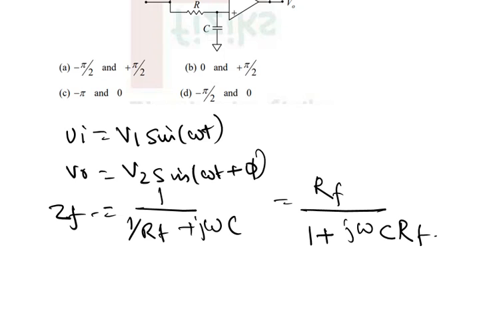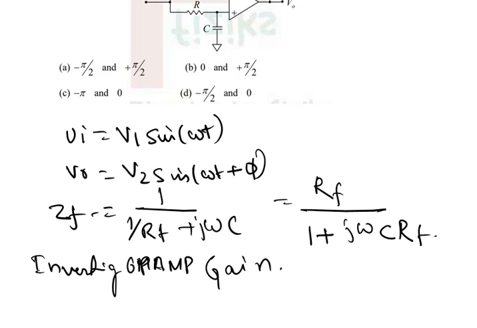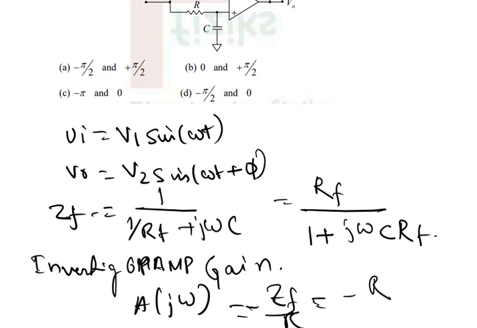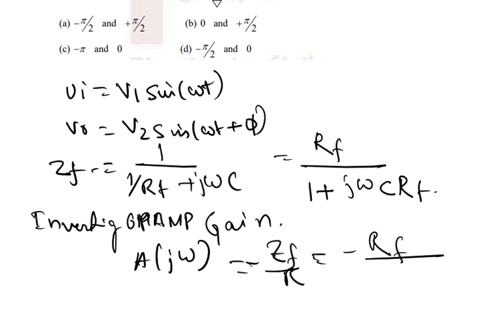The transfer function for the inverting op amp gain is given as A of j omega equals minus ZF by R. So if we write it, with ZF already found in the above step, it will be minus RF by R into 1 plus j omega C RF.